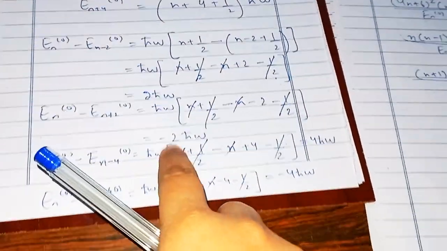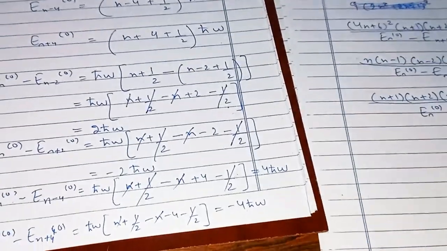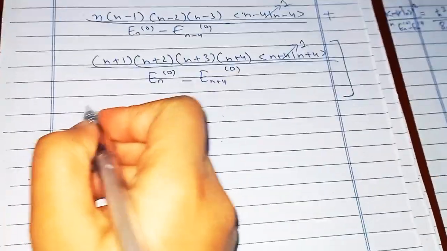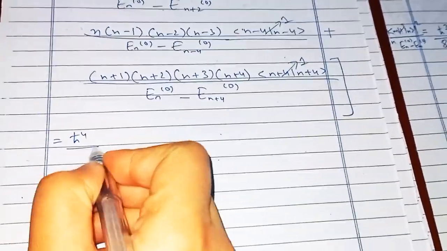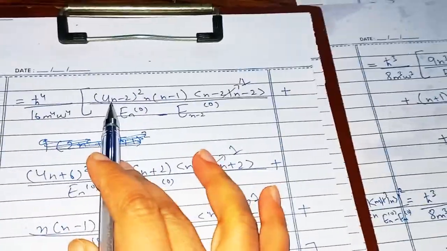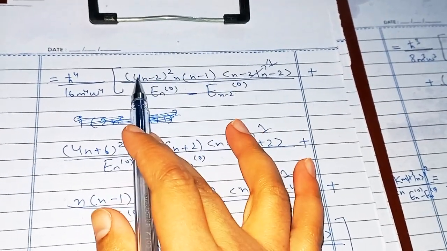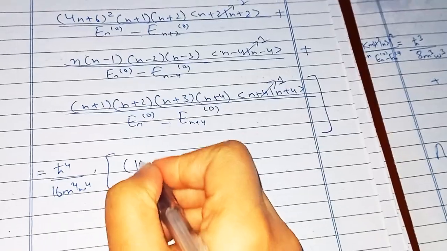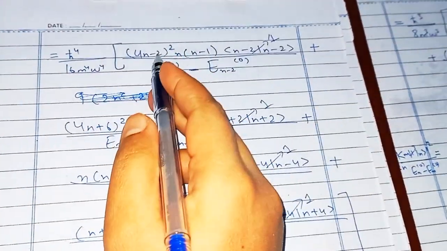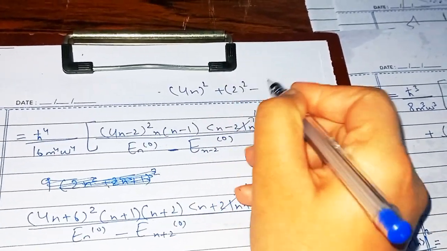We have found these differences: 2 h cut omega, minus 2 h cut omega, 4 h cut omega, minus 4 h cut omega. Let's put them into this expression. Let's do that. h cut 4 by 16 m4 omega 4, and we have 4n minus 2 whole square. Let's open up the square. It's 4n whole square, which is 16n square, plus 4 square minus 2ab, which is 2 into ab.